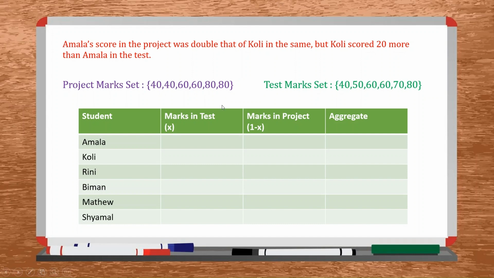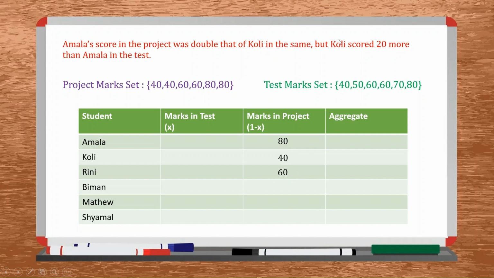So definitely we'll have to give a score of 40 to Kohli and 80 to Amla. That is the only option that we have. And since all the three female students have distinct marks, because these three will also get repeated for the male students, therefore we'll have to assign 60 to Rini in project. So these three values we can freeze right now.